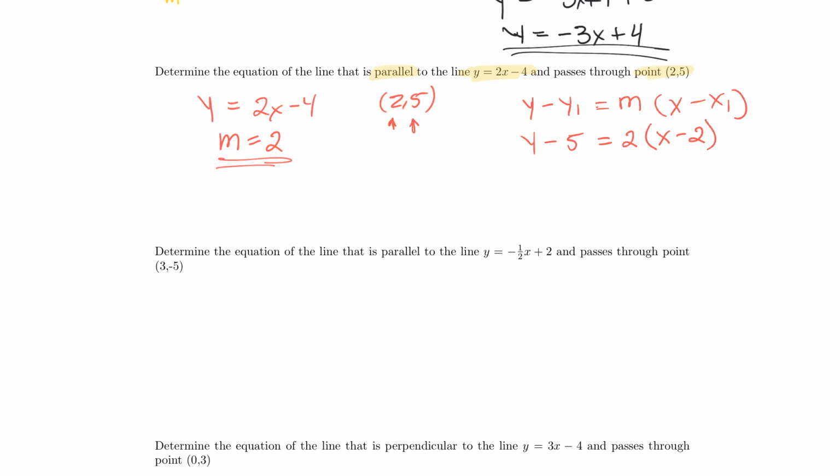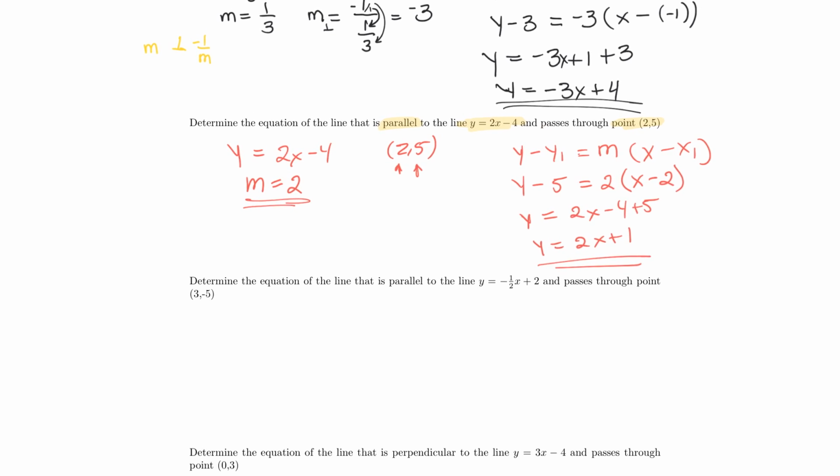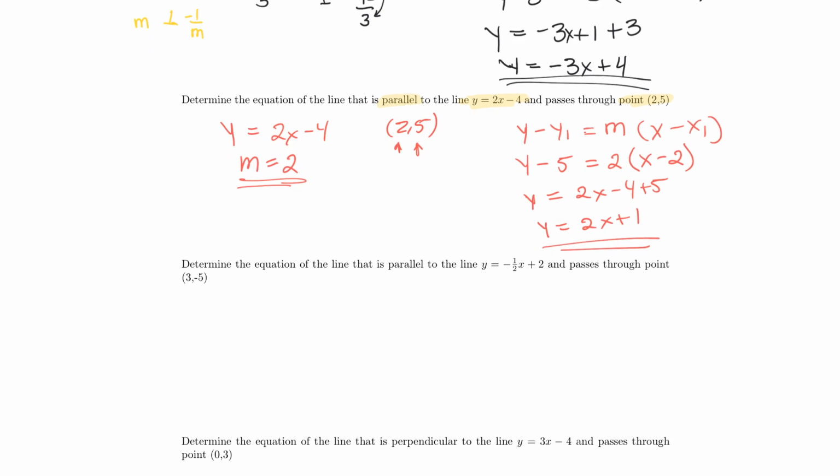Now we arrange this equation. y is equal to 2x minus 4 plus 5. y is equal to 2x plus 1. This is the new equation of the parallel line that passes through point (2, 5). So this is how we solve for parallel lines.